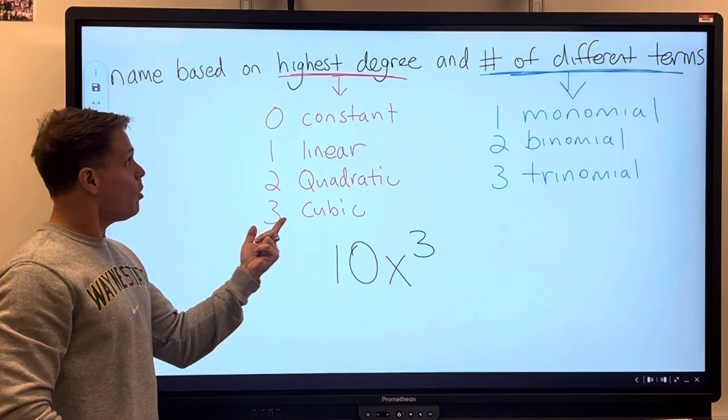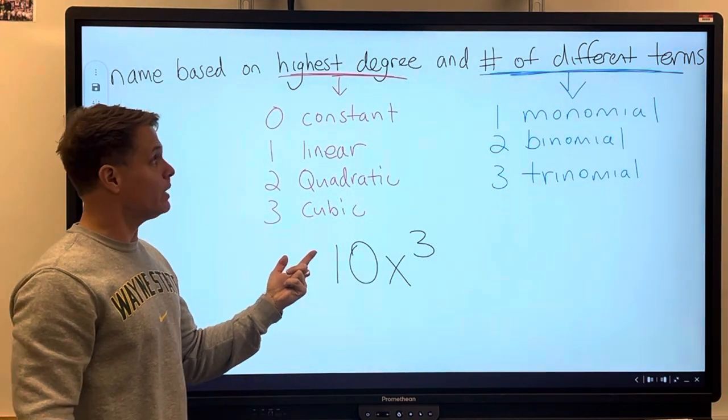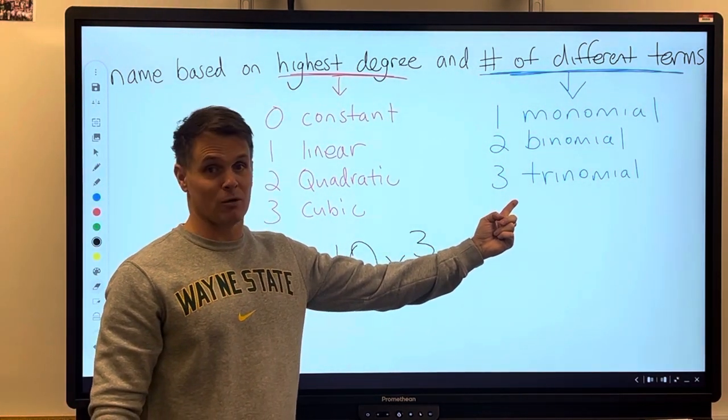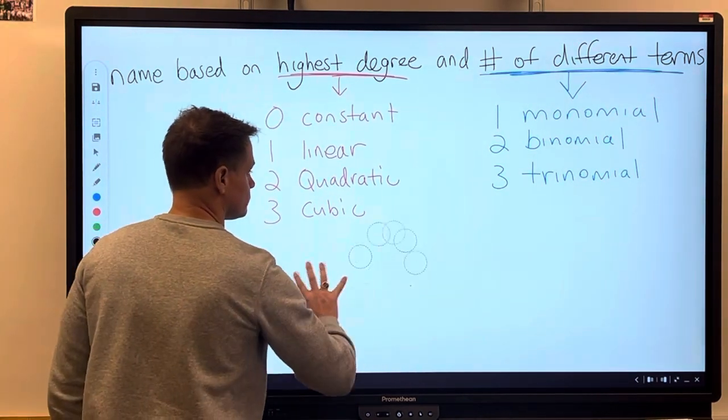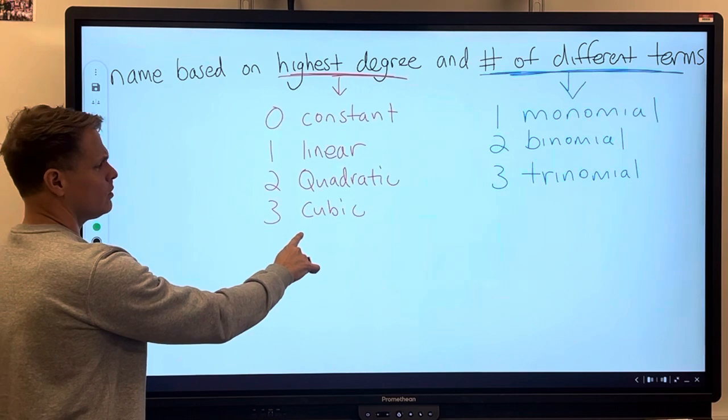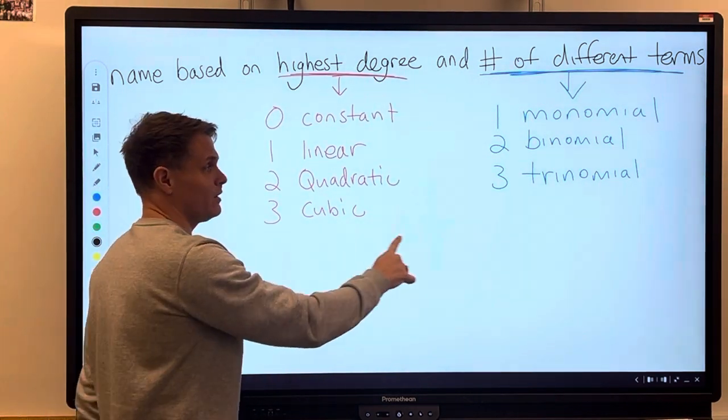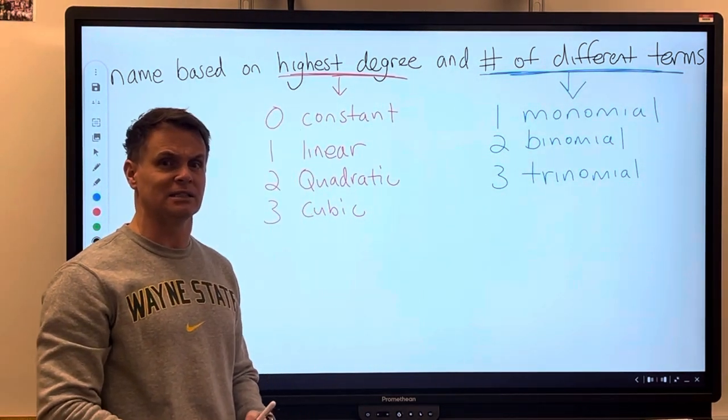So now, we only have up to the highest degree 3, and we only have up to the highest number of terms 3. Let's say it has more than those. Generally, if it has a higher degree than 3, and if it has more terms than 3, generally it's not very common.